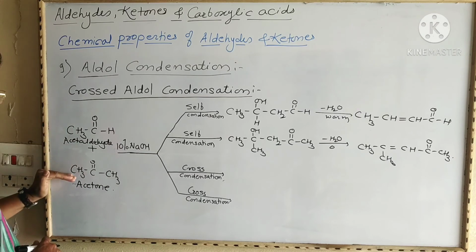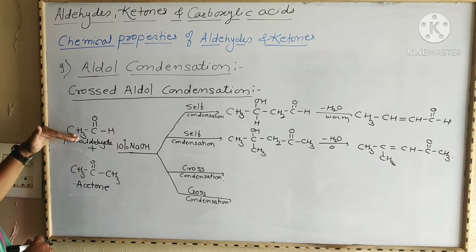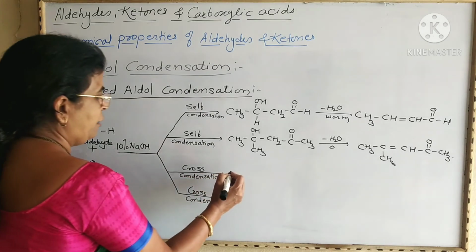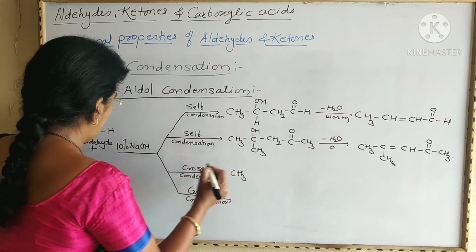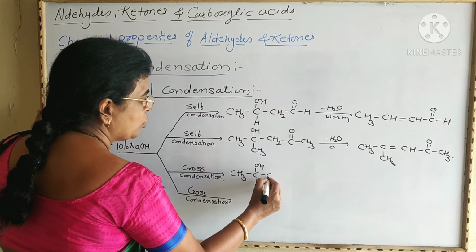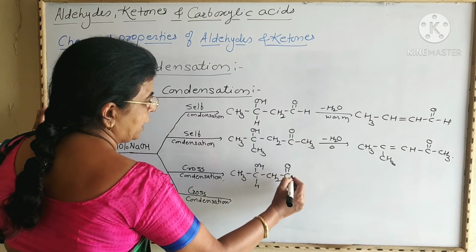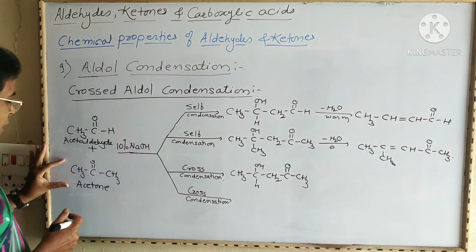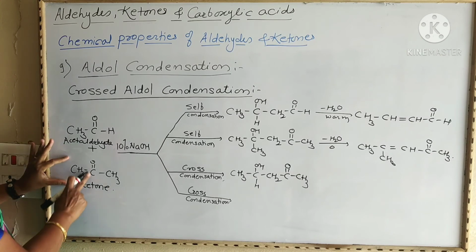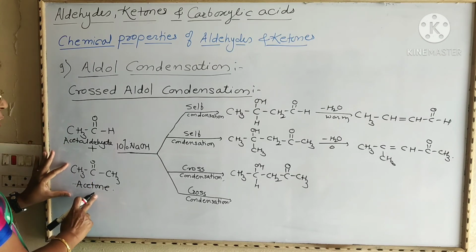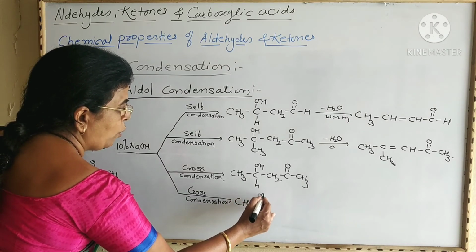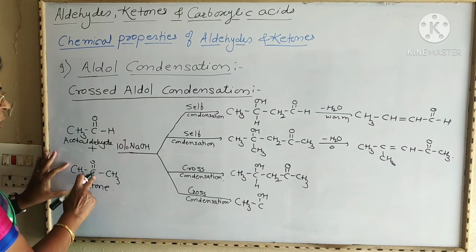First we see the addition of acetone across the carbonyl group of acetaldehyde. If addition of acetone is carried out, it becomes CH3CH(OH)CH2C(=O)CH3. Correct? Then when the acetaldehyde molecule acts across the carbonyl group of the acetone molecule, the addition is carried out across the carbonyl oxygen.